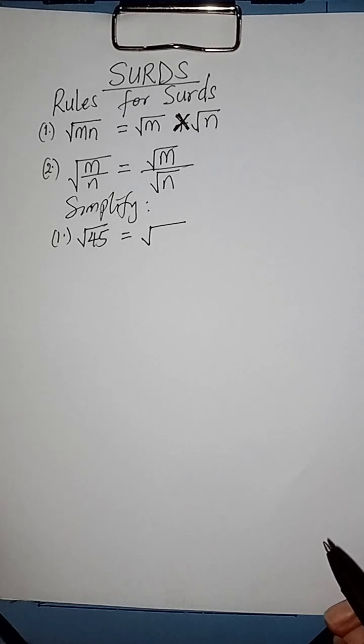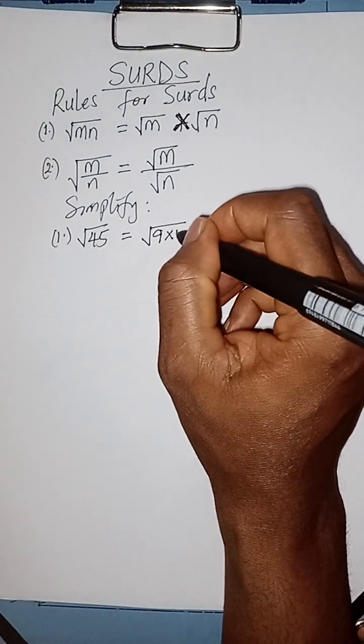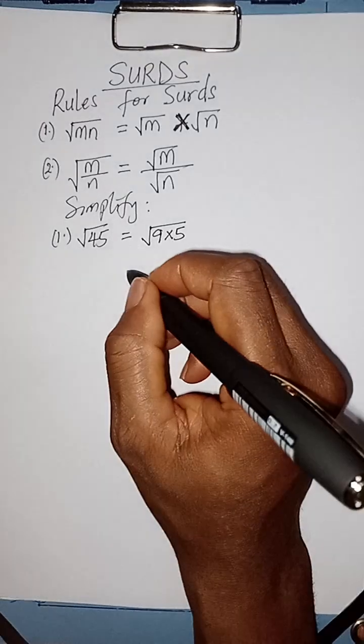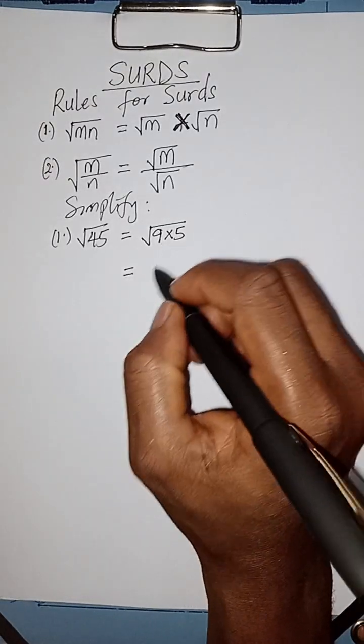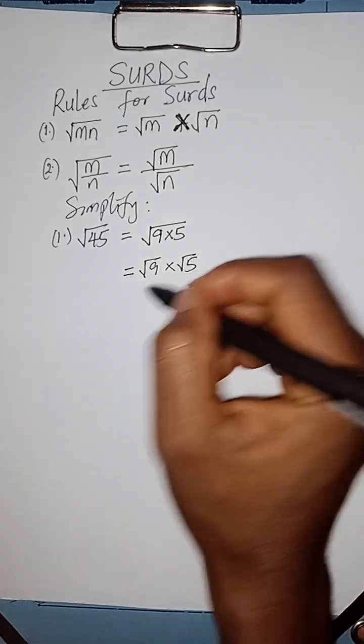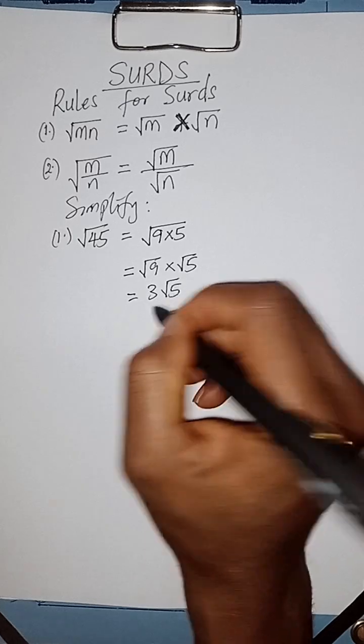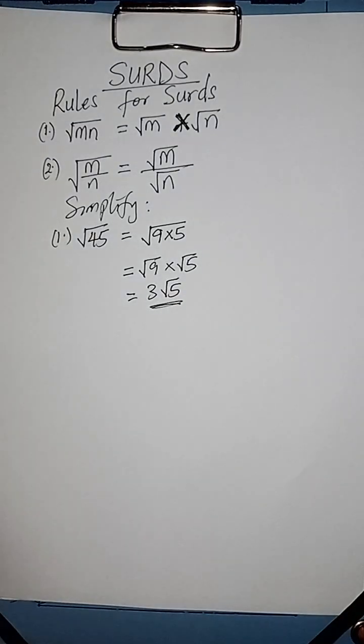And of those two numbers, one of them must be a perfect square. The two numbers are 9 times 5. The perfect square here is 9. You can separate them, and so you have square root of 9, 3, root 5. That is the answer to the question.